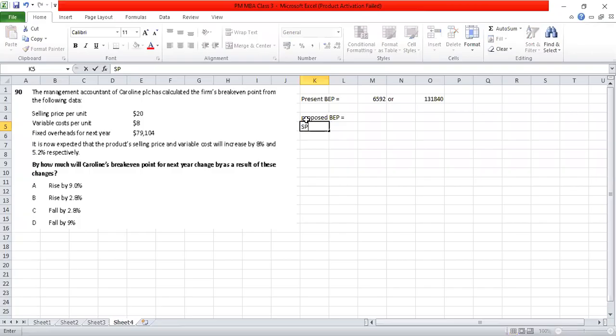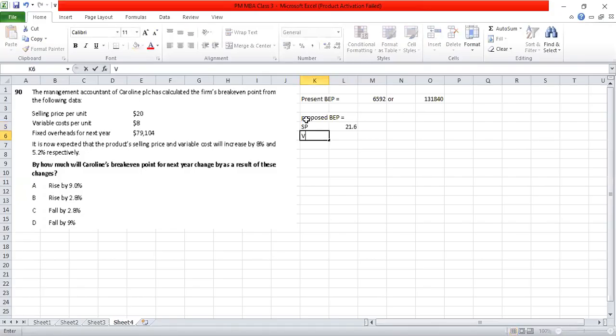So let's see what the selling price is. Selling price is equal to 20 into 1.08. 100 plus 8% is 108%, which is 1.08. So that's the selling price.